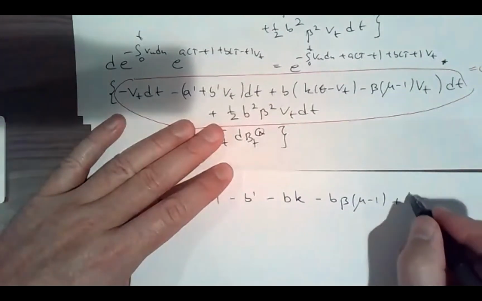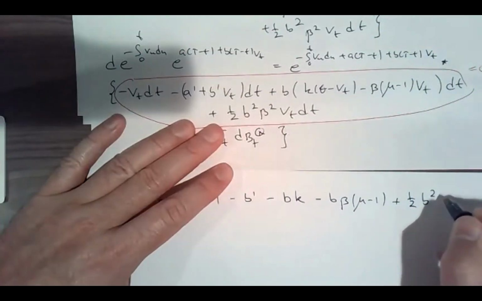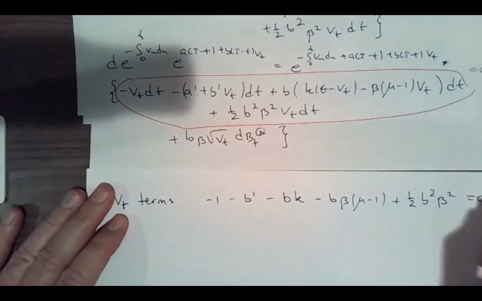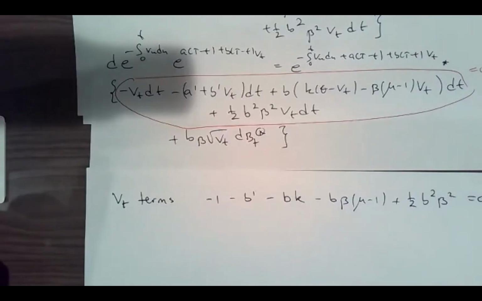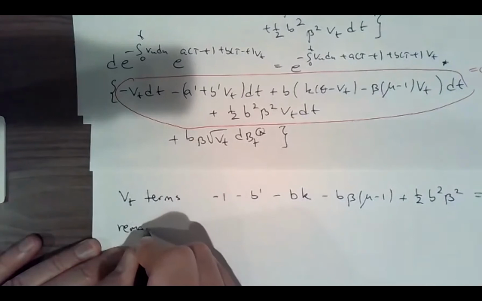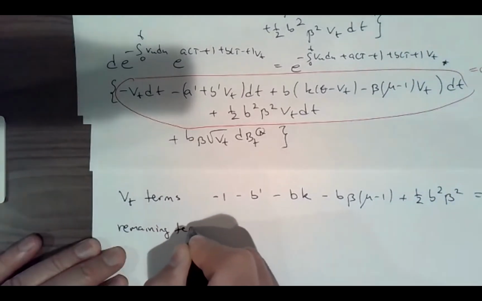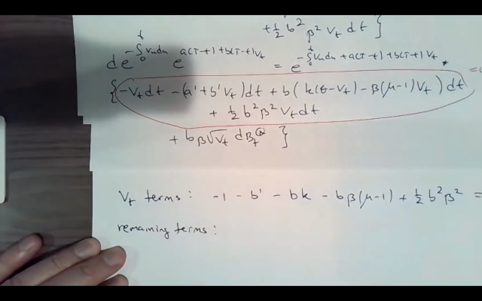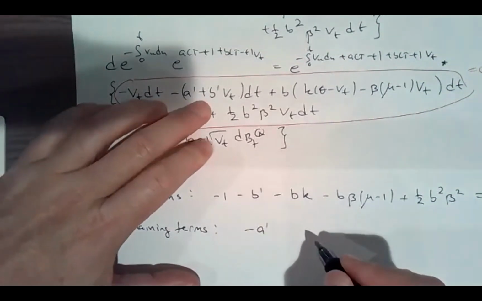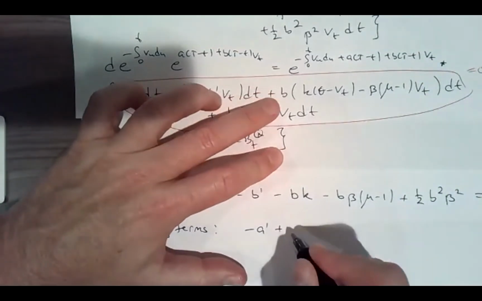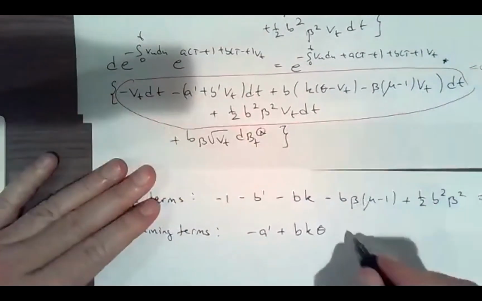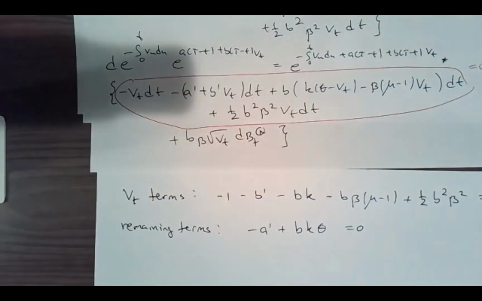And here there is a 1/2 b squared beta squared. We want that to be 0. And then we get the remaining terms. Remaining terms, so that's minus a prime plus b kappa theta. And that's equal to 0. So those are my ODEs.